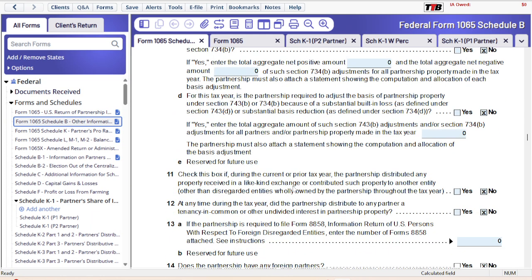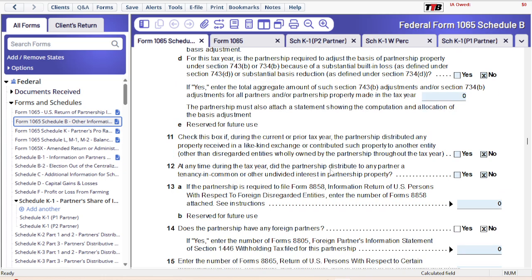E is reserved for future use. Check this box if during the current or prior year the partnership distributed any property received in a like kind exchange. The answer is no for this example. At any time during the year, did the partnership distribute to any partner a tenancy in common?